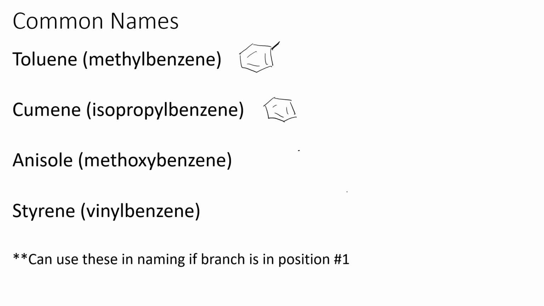So we have our benzene ring, and then that isopropyl unit coming off of it. Anisole, which is methoxybenzene. We have our benzene ring, and then coming off of it is our OCH3 unit. We can also have styrene, which is also vinylbenzene. The vinyl unit is going to be a CH=CH2 unit coming off of it, so it would be this double bond unit.